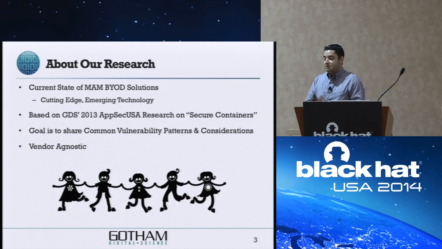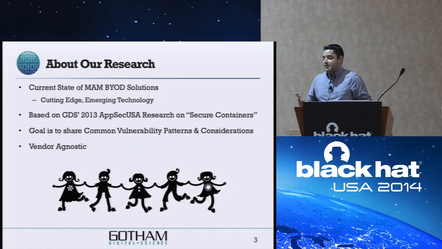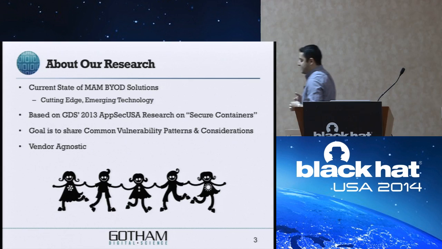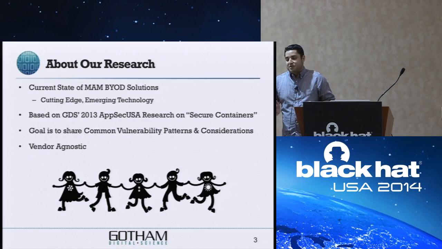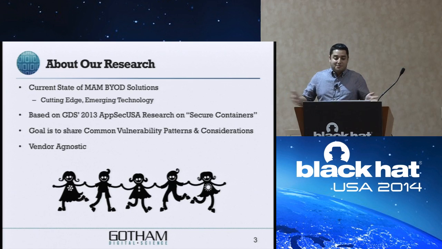So we just wanted to share some of the common vulnerability patterns and how we can make these solutions stronger. The key thing about this presentation is we're going to be vendor agnostic. So I'm not going to be dropping names of any of the vendors we looked at, for multiple reasons.